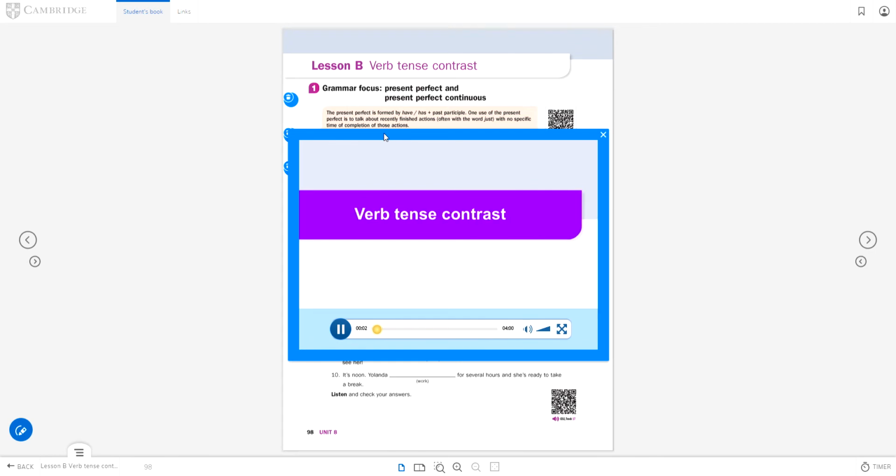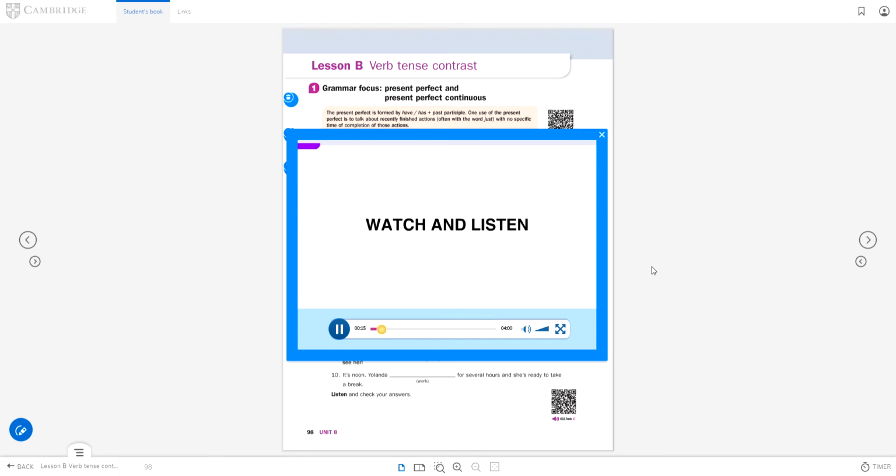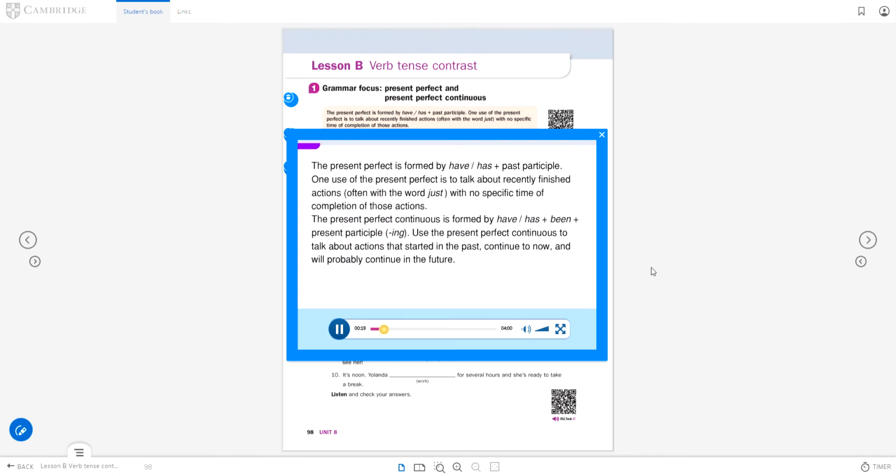Verb tense contrast. Unit 8, Lesson B. Present perfect and present continuous. Watch and listen. The present perfect is formed by have, has, plus past participle.